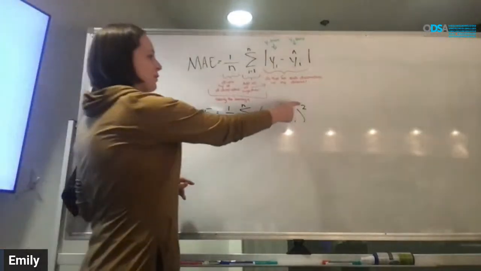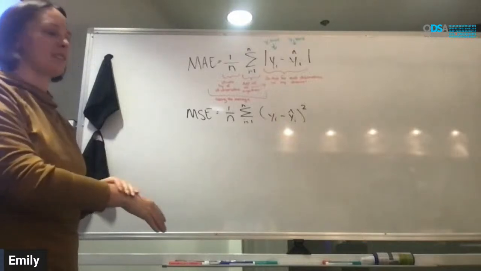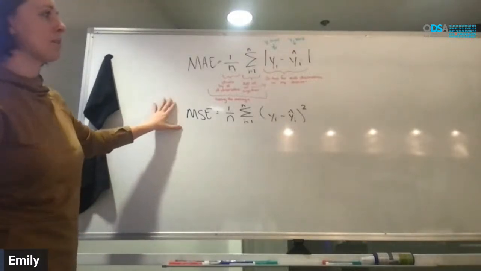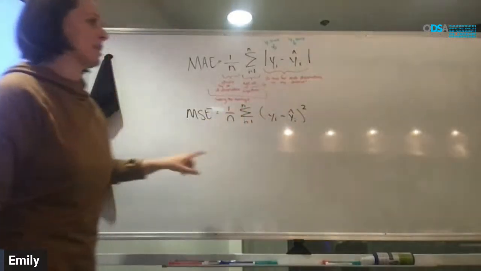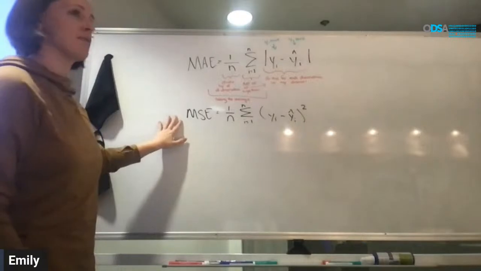So what if we took this square and then we took the square root afterwards to bring it back down to that value? So I prefer to use root mean squared error. We're talking about mean squared error, so when I put a root sign here, it makes sense. But that's just my preference. I'm sure there are people that use mean squared error.